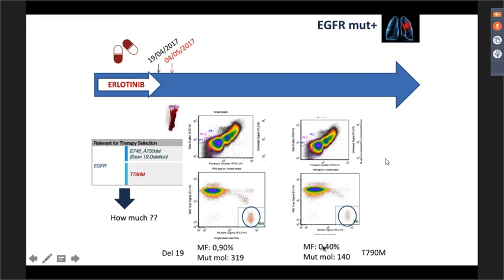The mutant fraction was 0.4%. You can see the number of mutant molecules, 318 and 140 for T790M. At least half of the mutant fraction was harboring this resistant mutation.